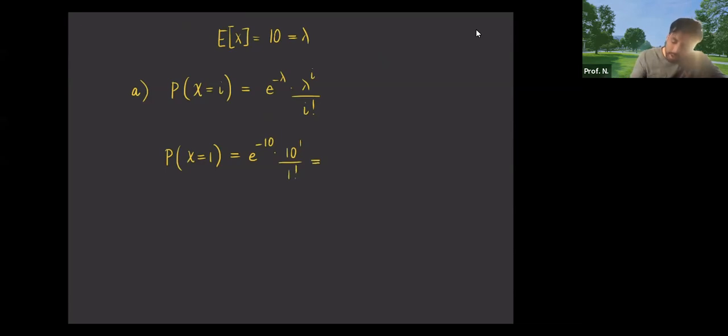And if you put that in your calculator, you get e to the negative 10 times 10. And you get 0.000453999297... and of course, this goes on forever.